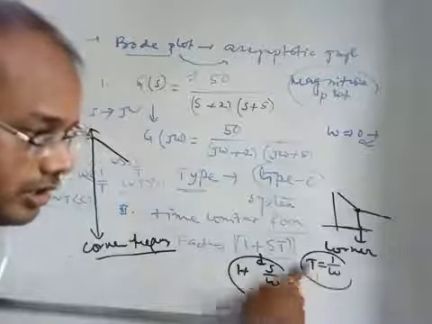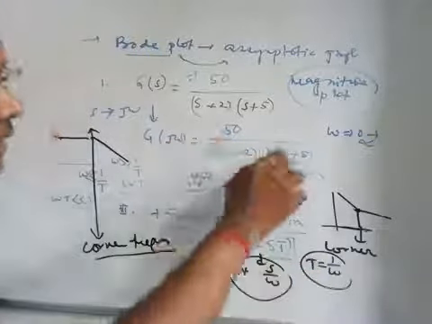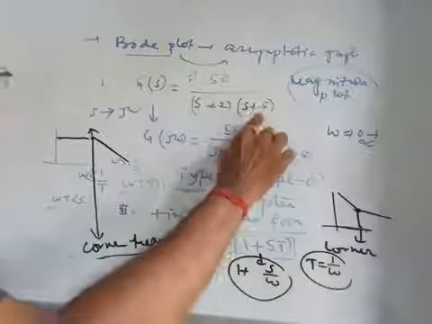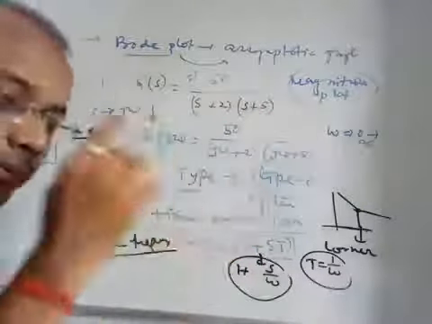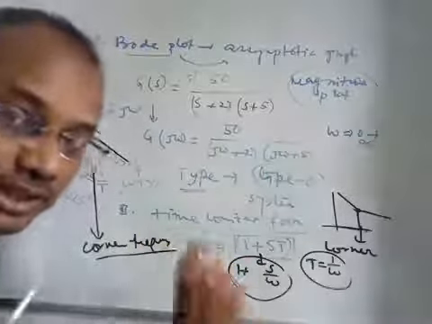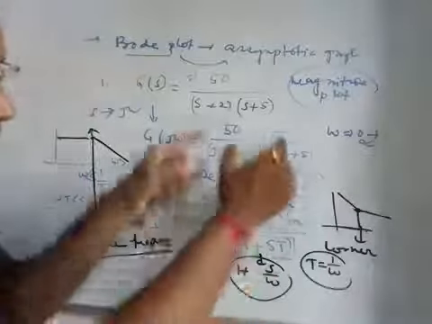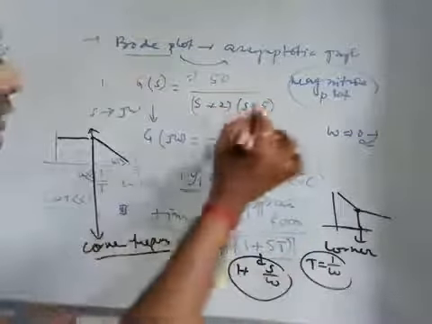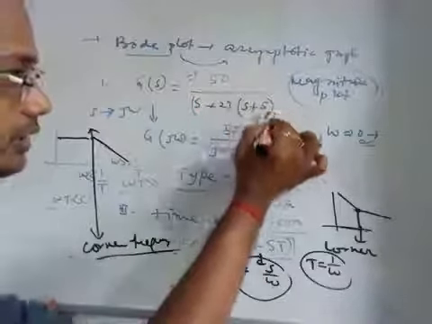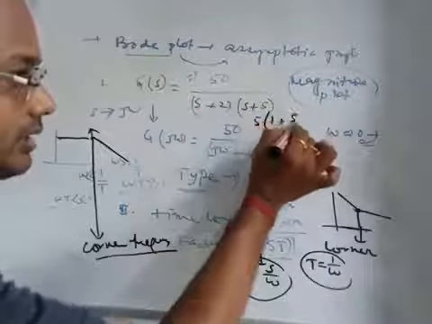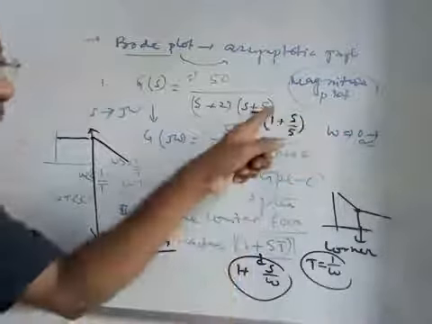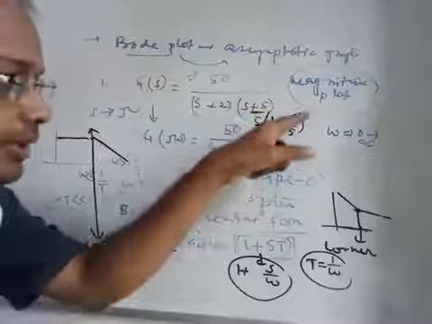So if you have any form like s plus 5, we have to express it in time constant form. Once the time constant is obtained, you can get the corner frequency for that particular factor. If you take 5 common, then s plus 5 can be expressed as 5 into 1 plus s by 5.